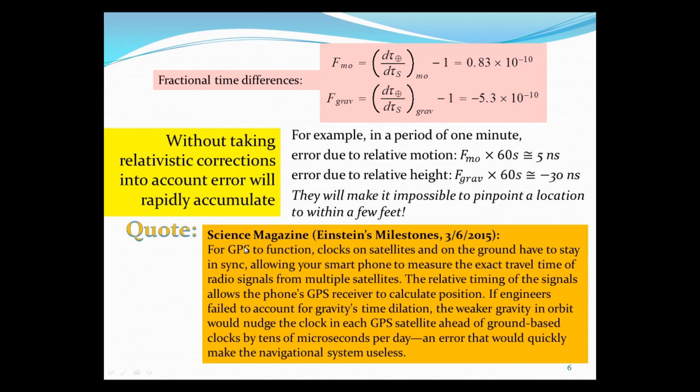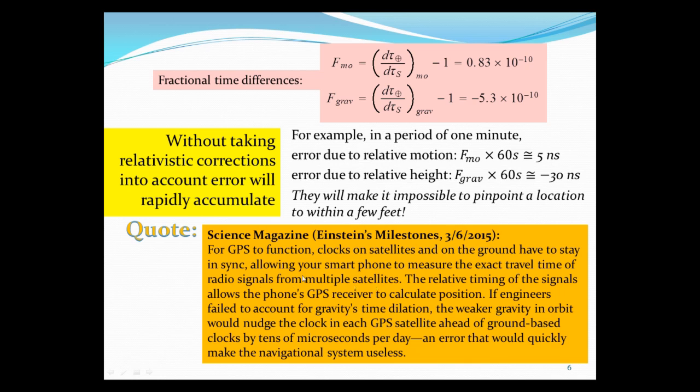Remember, I mentioned that this year is the 100th anniversary of GR. Science magazine had a special issue. Anyway, there was just one short paragraph about GPS. It says, for GPS to function, clocks on satellites and on the ground have to stay in sync, allowing your smartphones to measure the exact travel time of the radio signal from multiple satellites.